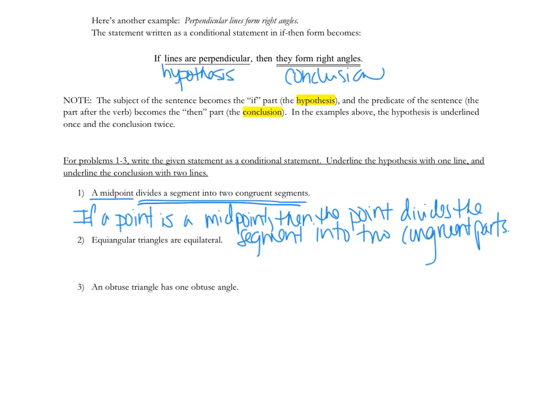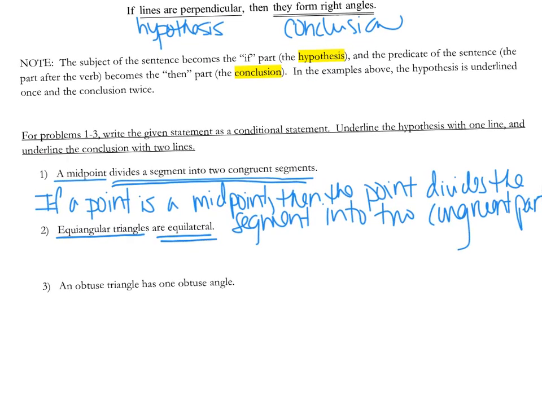So equiangular triangles are equilateral. So this is our hypothesis that a triangle is equiangular. The conclusion is that it is also equilateral. Okay, so I'm going to zoom in so I can write.